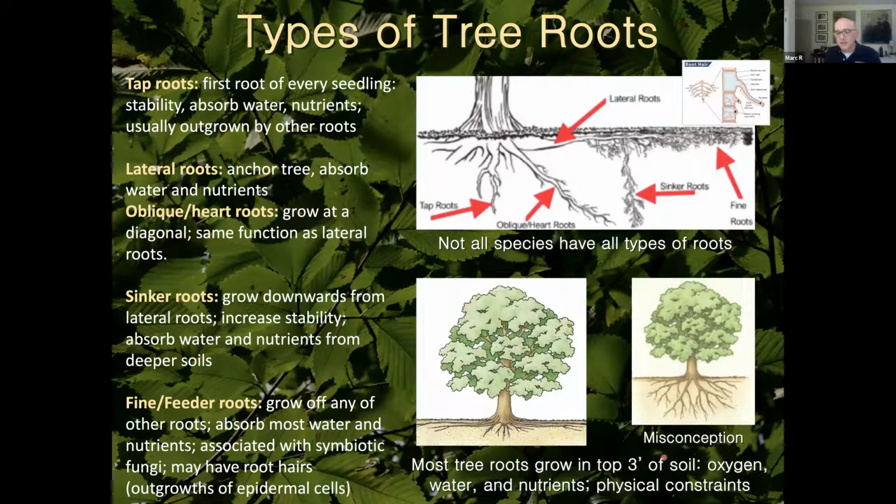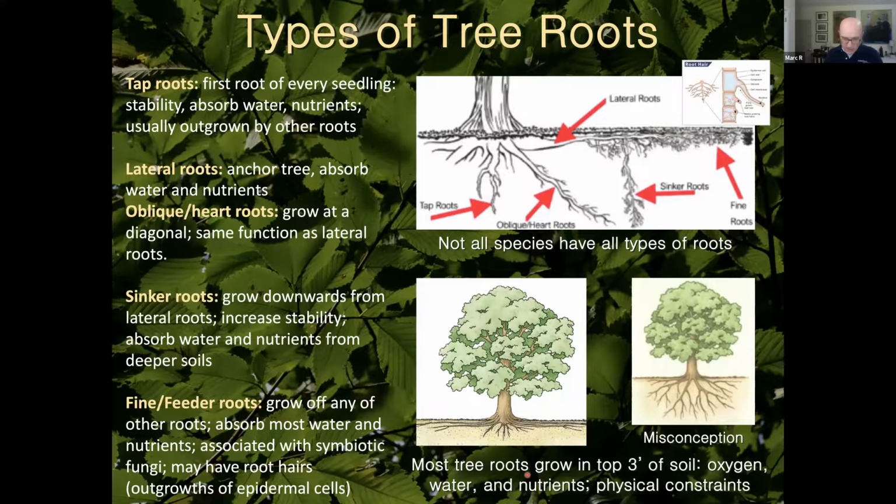Think how hard it is for us to dig down more than even a foot in most of our yards, and then tree roots having to work their way down through the crevices. But it's also where most of the oxygen, the water, and the nutrients are located, as well as, I mentioned, the physical constraints of a lot of times the rocky substrate. So those are basically the different kinds of roots.